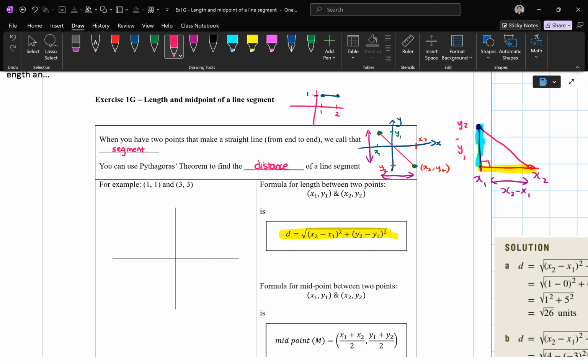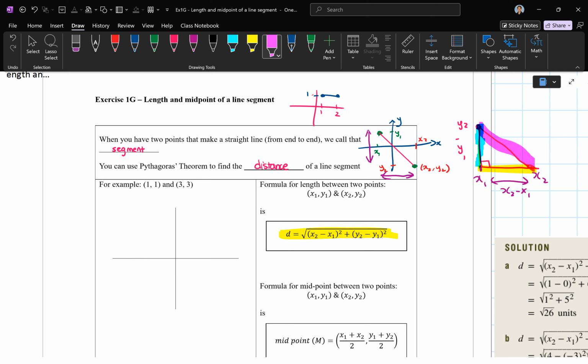But then if you've got that, what's Pythagoras' theorem again? Anyone remember? Hands up. You know. Good. And C is the key one. C is your hypotenuse. So this is your hypotenuse, which is the length you're trying to calculate. That's called the distance, from this point to this point.